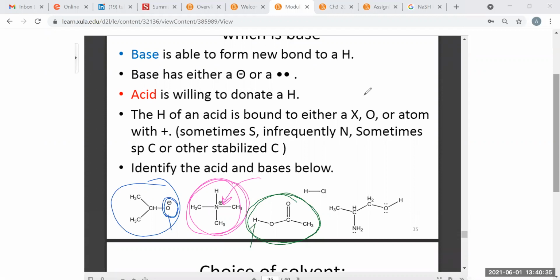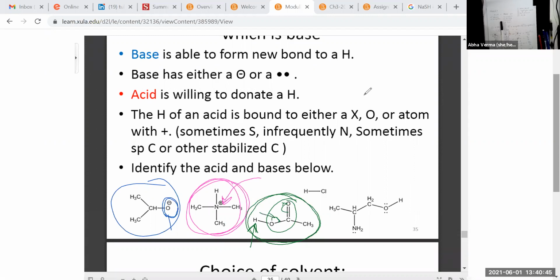So it has an H, which is next to an electron-withdrawing group. So all the electrons from this hydrogen are being pulled away to this oxygen, and hence making this hydrogen electron poor. Okay, very good.